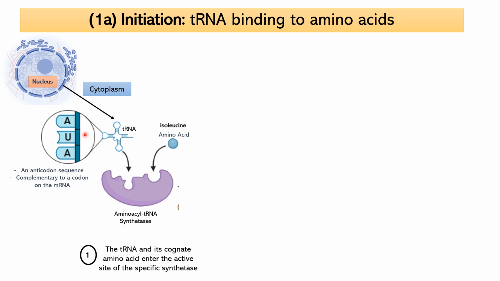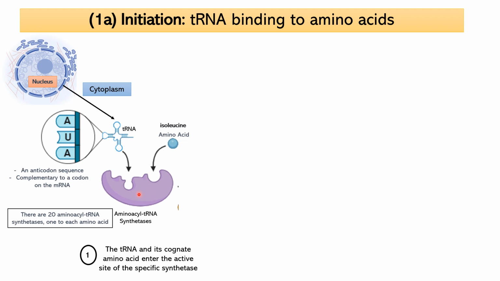So for example, AUA, this sequence or this codon, corresponds to this amino acid. Therefore, this enzyme will only join tRNAs with that codon to this amino acid. And since we have 20 different amino acids, there are also 20 corresponding different synthetases.